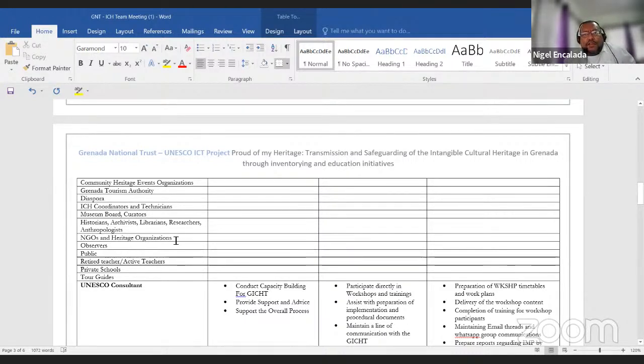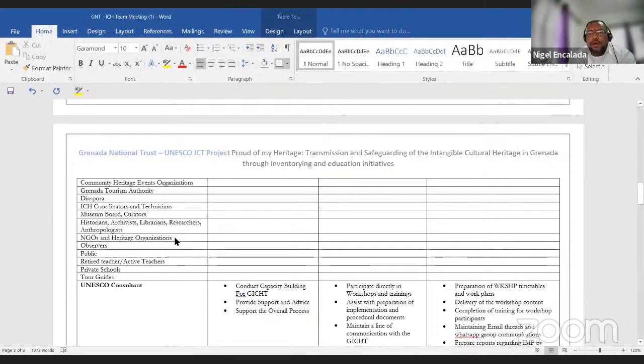So NGOs and heritage organizations, would Willie Redhead, for example, fall under community heritage events organizations, or would you classify that as a separate type of heritage organization? Heritage like the National Trust.